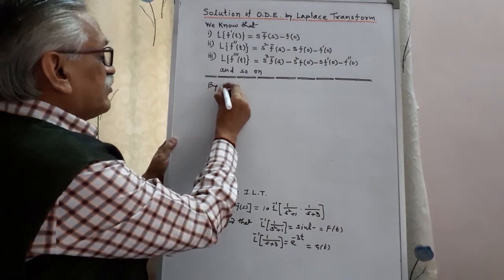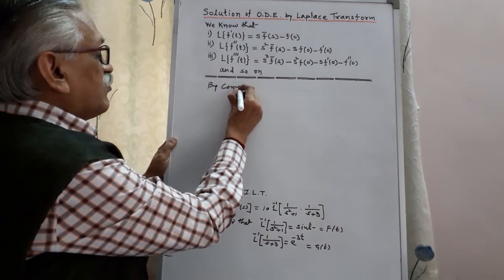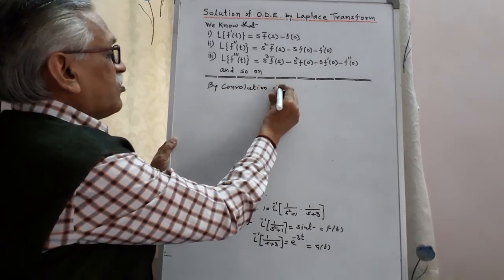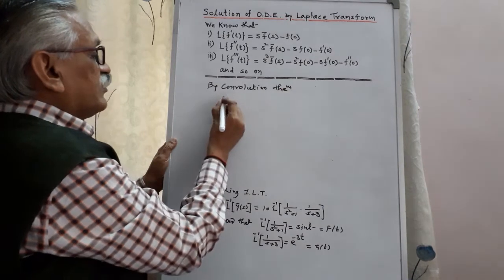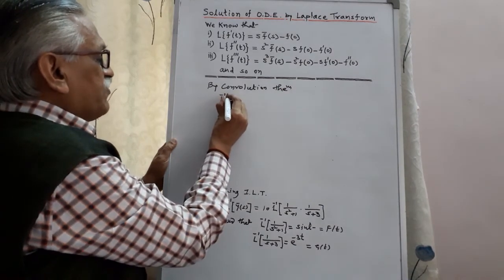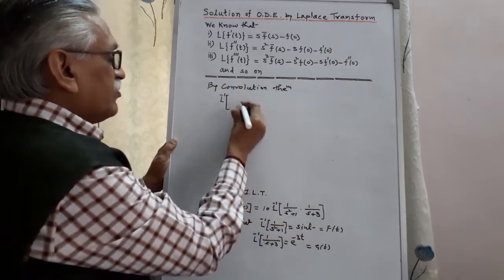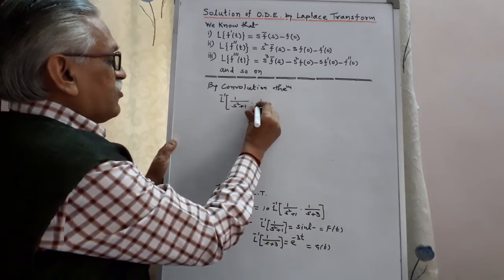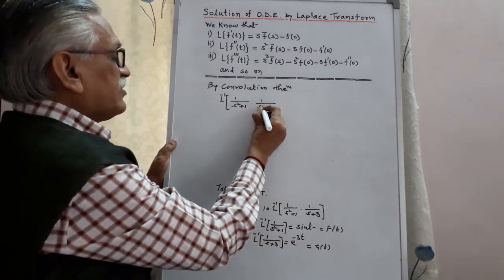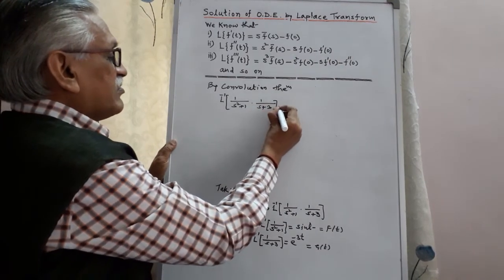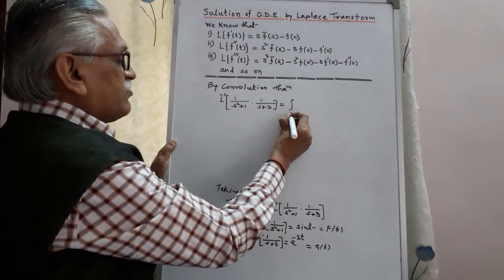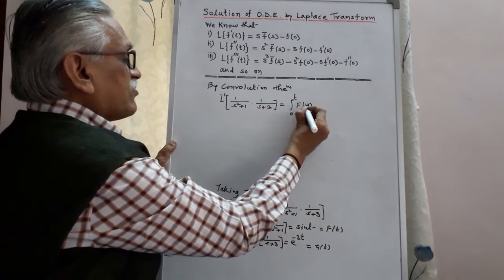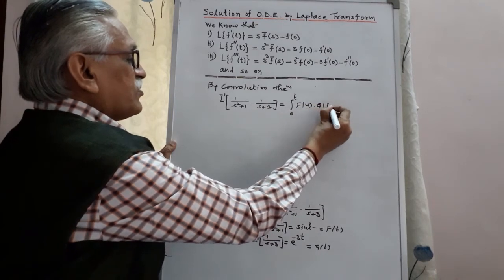By convolution theorem, inverse Laplace of the product of the two, 1 upon s square plus 1 into 1 upon s plus 3, is equal to integral from 0 to t f of u into g of t minus u.